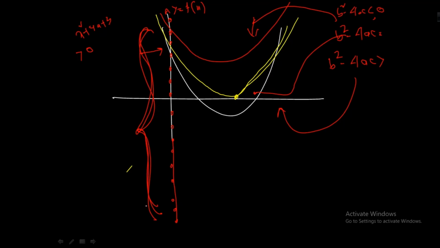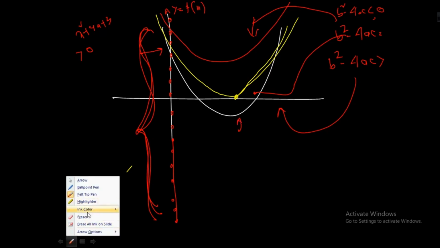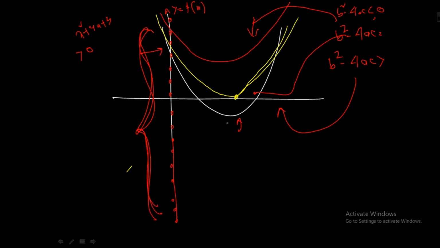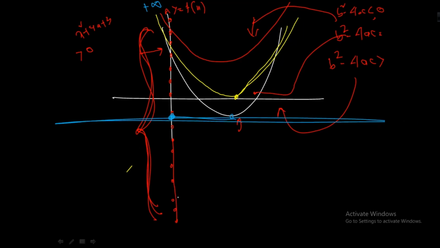Why yes, sir? If I say that the white line is the graph, then the image set is what? Starting from this point up to infinity. But this is bounded by this line. So how can you get these points in the image set? The image set is bounded by this point, yes or no?